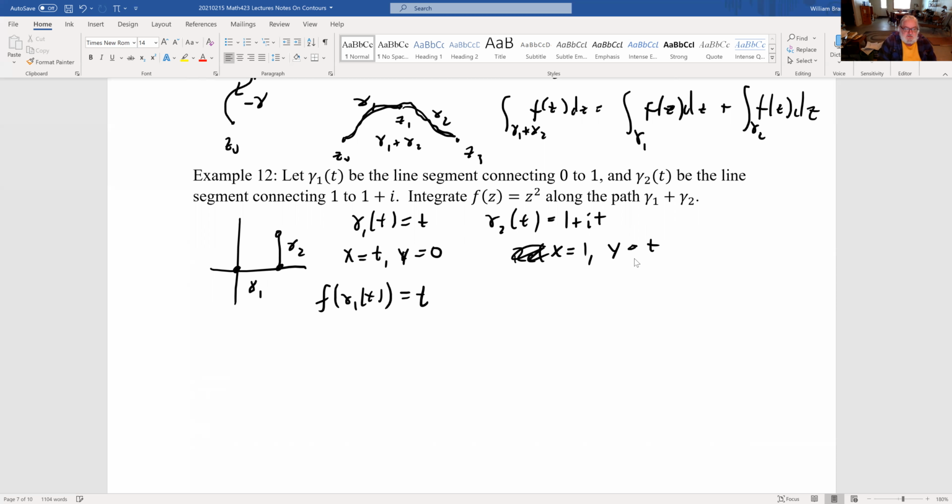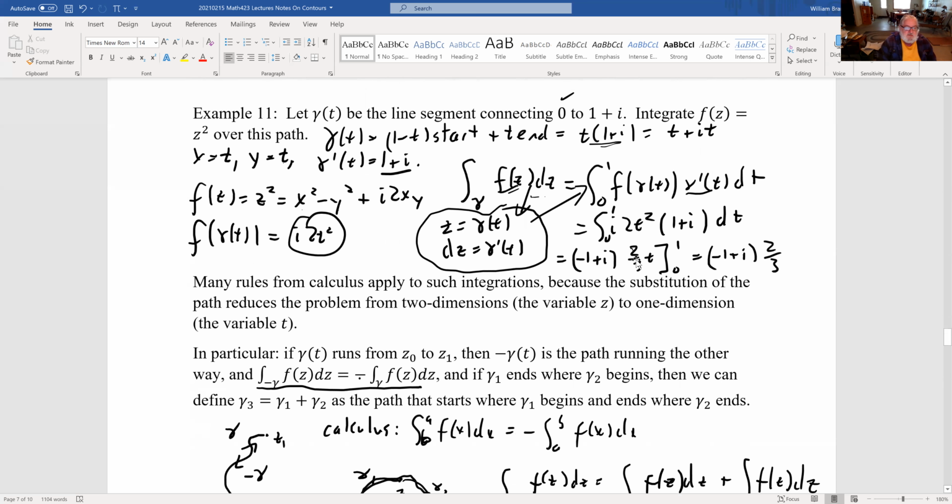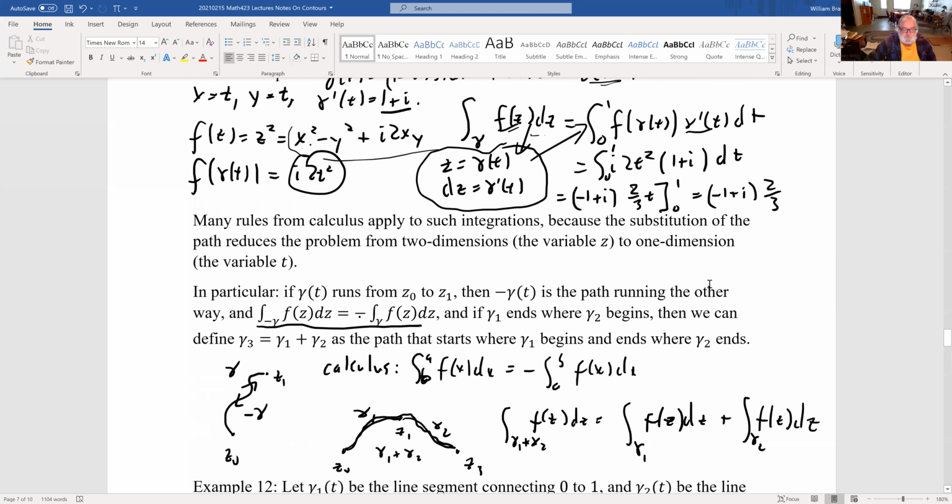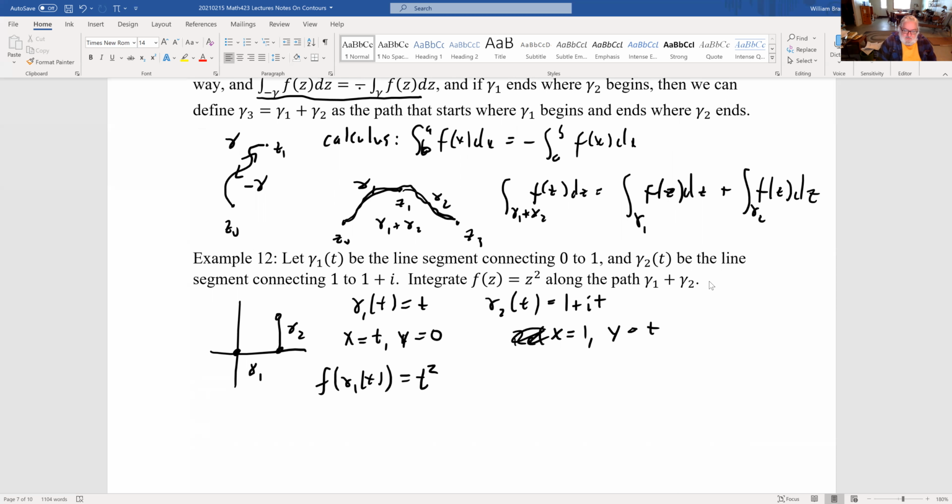That's t squared, because f of z is z squared, and if y is 0, you're just left with a t squared. And f of gamma 2 of t, plug in x equals 1 and y equals t, and you get 1 minus t squared plus i times 2t.